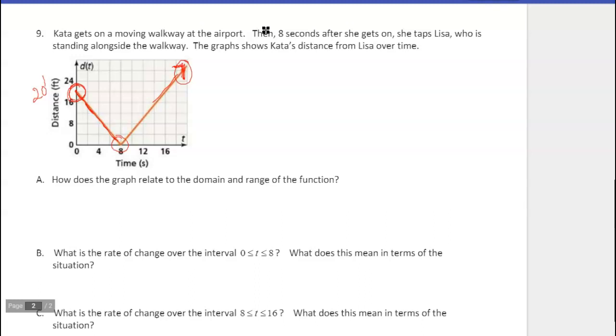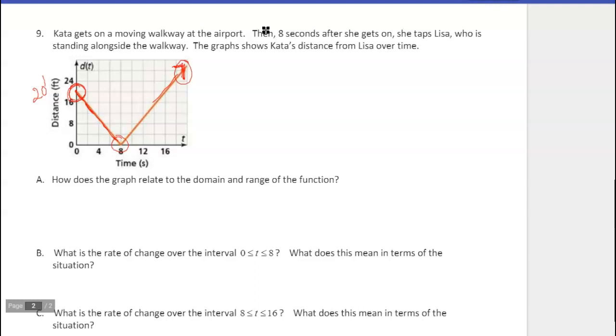How does the graph relate to the domain and range of the function? So how does it relate? Well, the graph shows the domain as Kata approaches Lisa and walks away. So you could define them. You could also write it in a sentence and explain what's going on. How does the graph relate?